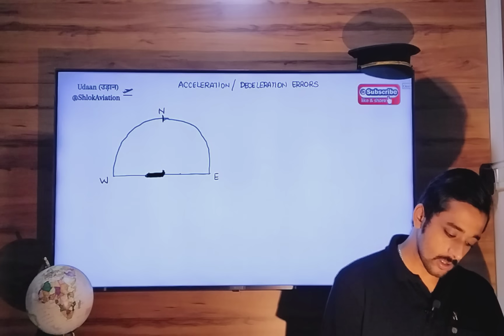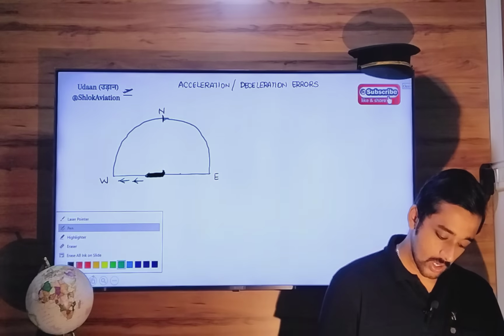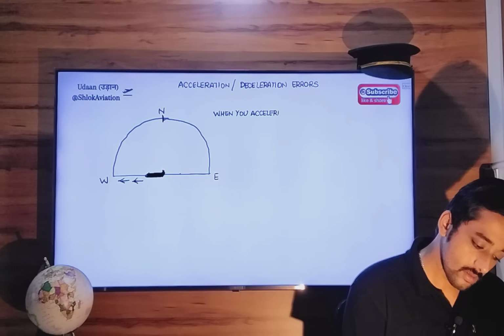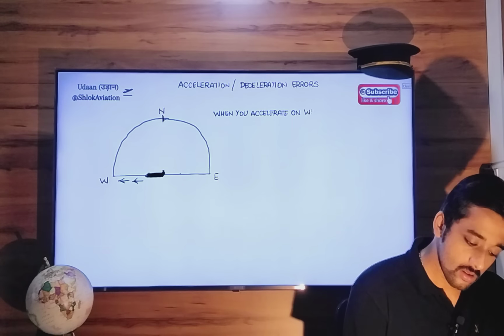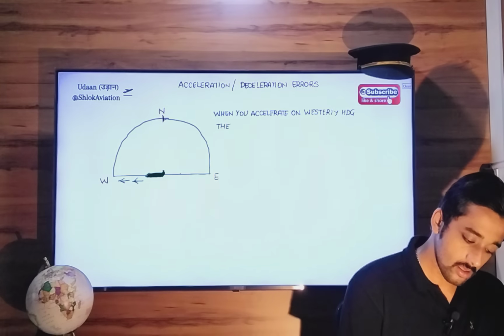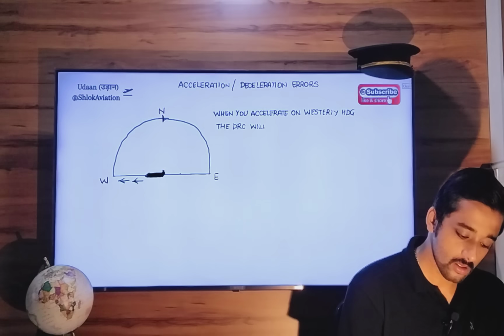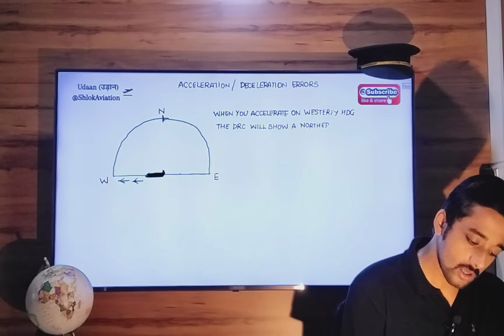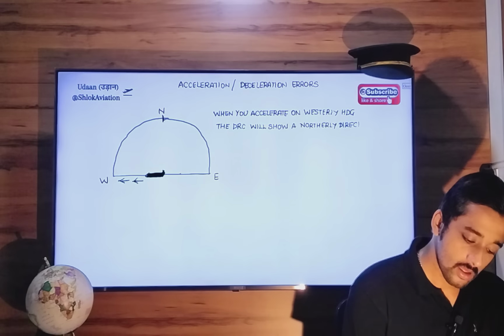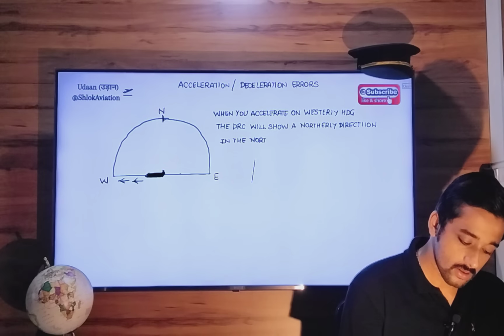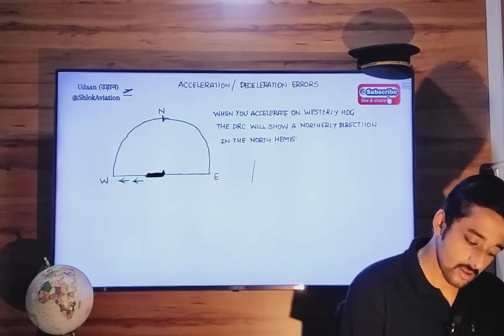Now when you accelerate on this westerly heading, whenever you accelerate on an easterly or westerly heading, the direct reading magnetic compass will show a northerly direction in the northern hemisphere.